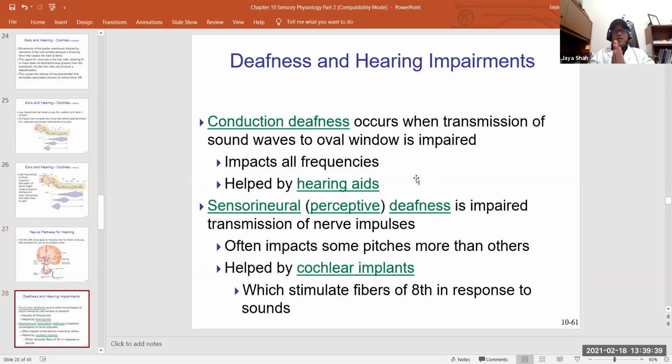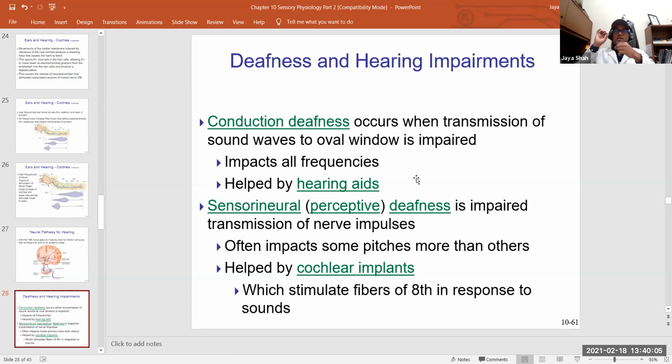Now the most common problem in hearing is deafness. So deafness and hearing impairments. There are two kinds of deafness or hearing impairment. Be clear before you read anything. Pay attention. There is conduction deafness and sensory neural deafness. Sensory means neuron.